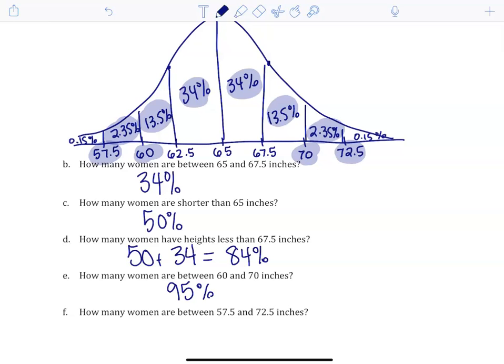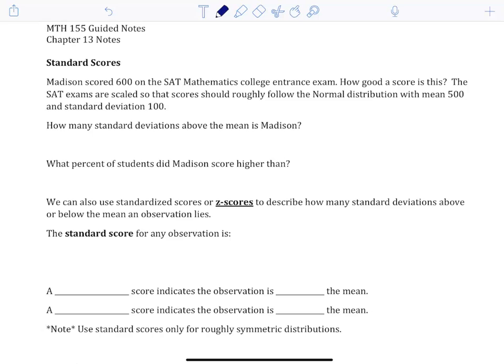When we add all of those up, we get 99.7%. So you'll have some questions in your notes where you need to apply this normal distribution and set up your curve with your mean and your standard deviations and just determine the percentages for the information that you are looking for.